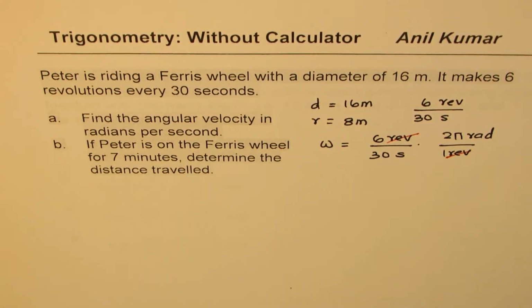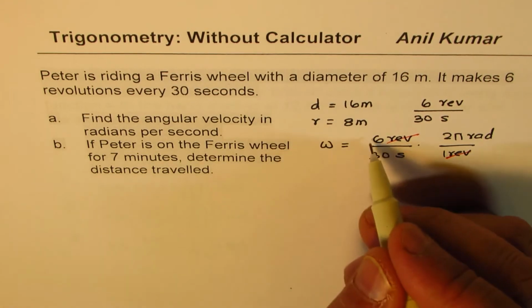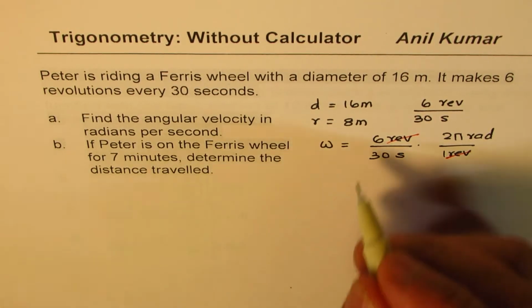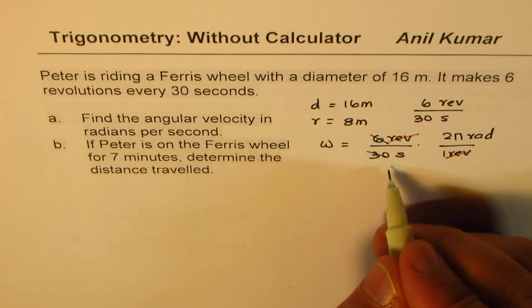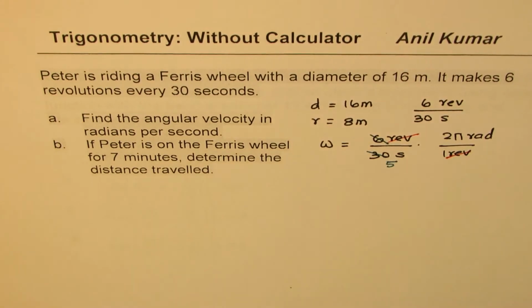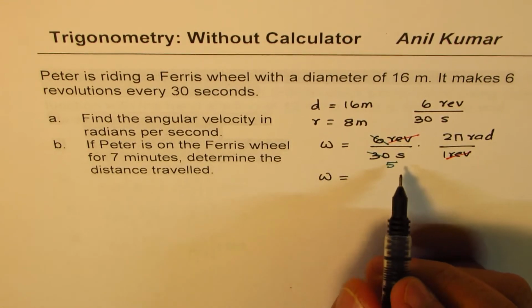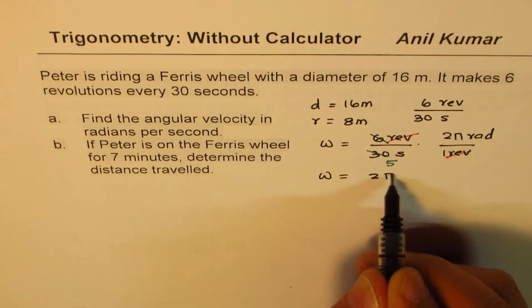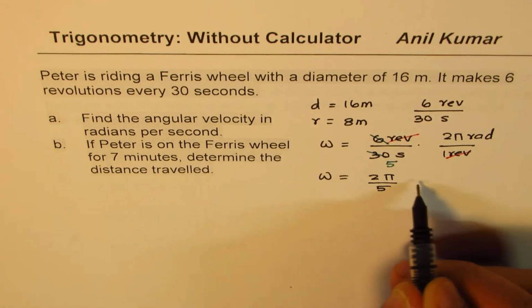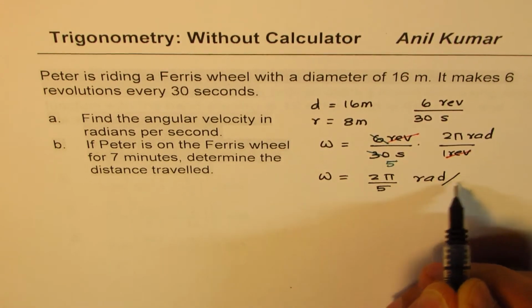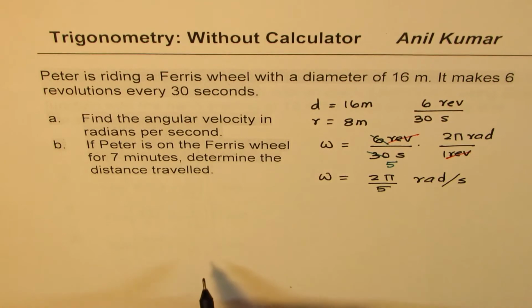Revolution, revolution cancel out. And we could simplify this. 6 goes 5 times. So what we get here is omega, angular velocity, is equal to 2 pi by 5 radians per second. Correct? So we got part A.